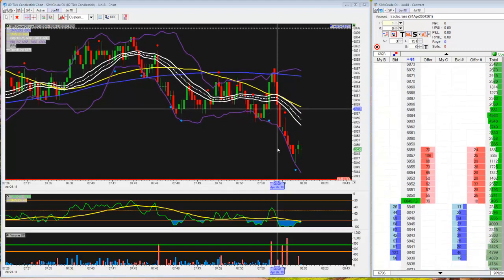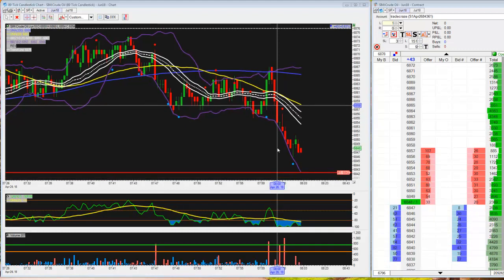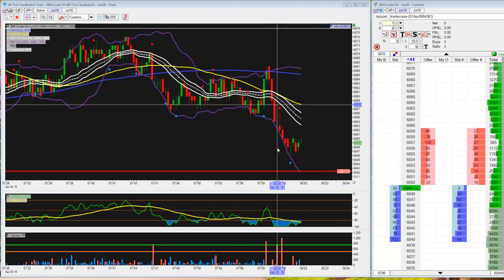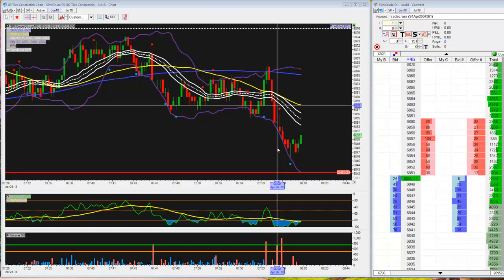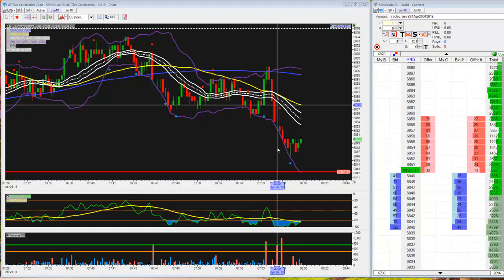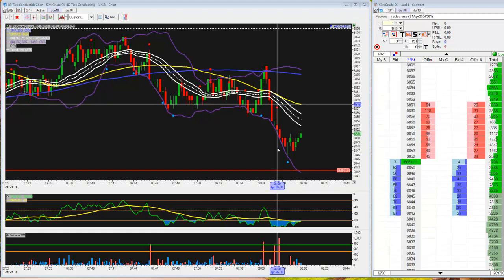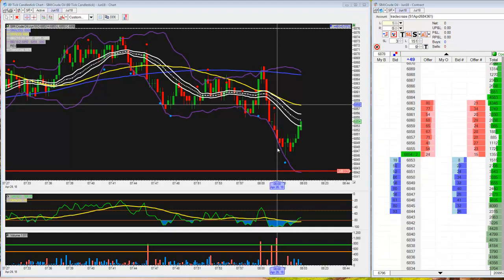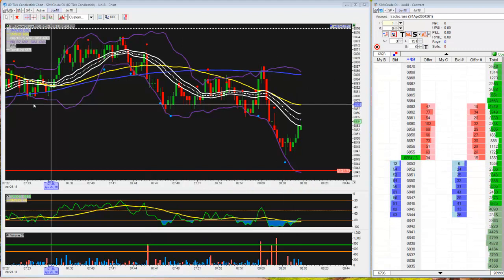Now we're trading between R1 and R2 right now. All right, so when I see something I want to trade, I'll come back.